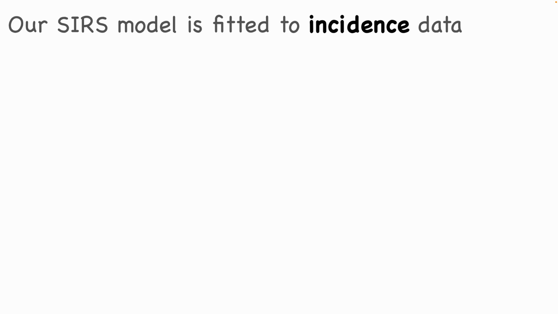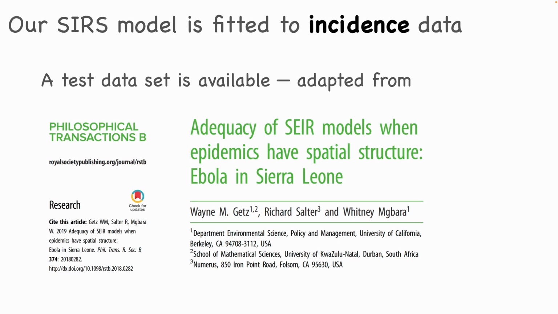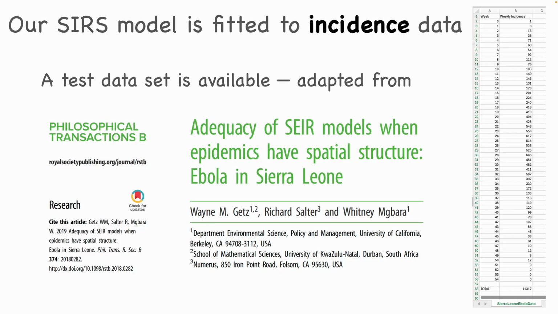The SIRS model is fitted to incidence data. We have a test data set available for the user. This data set comes from an Ebola study and is implemented in terms of loading a CSV file in which the first column is the time steps.